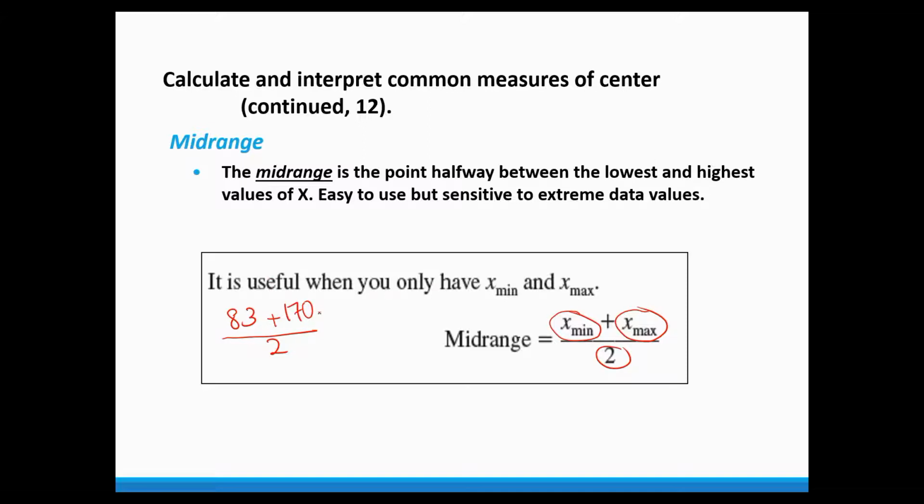So we can't say that this mid-range will give us the value that represents the real middle of the distribution or of the observations. So mid-range is very sensitive to extreme values or to the outliers included in the data.